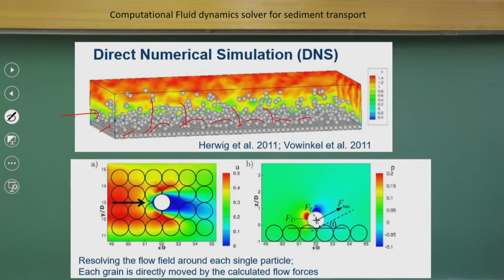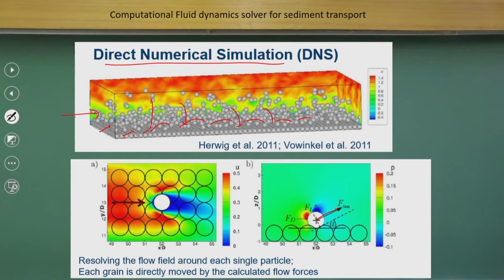All of this is available nowadays. With direct numerical simulations you can work at the particle level with the fluid interactions and see how the process is happening, in more detail, in terms of contours and force components.